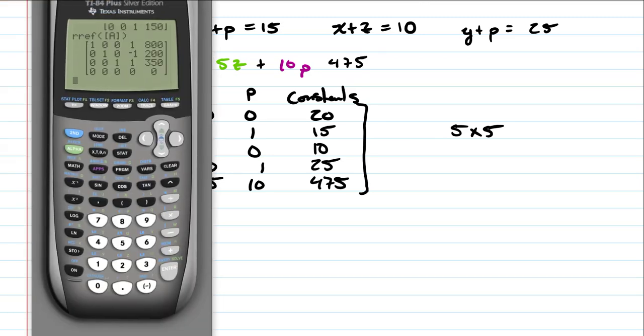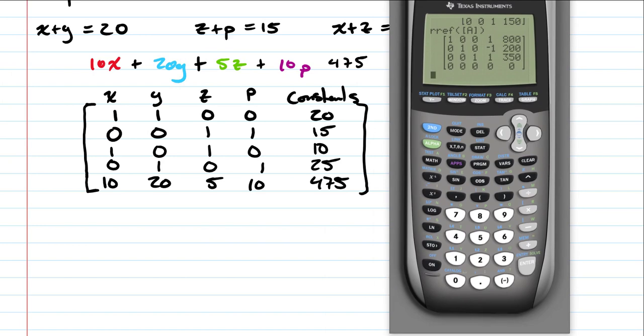Let's go ahead and put this into our calculator. So 5 by 5, we have 1, 1, 0, 0, 20, and 0, 0, 1, 1, 15, 1, 0, 1, 0, 10, 0, 1, 0, 1, and 25, and lastly 10, 25, 10, and 475.